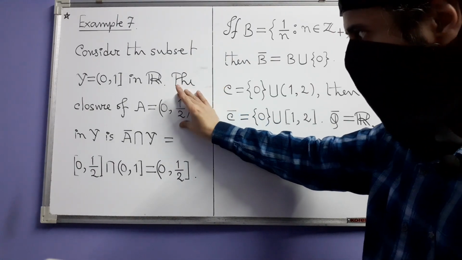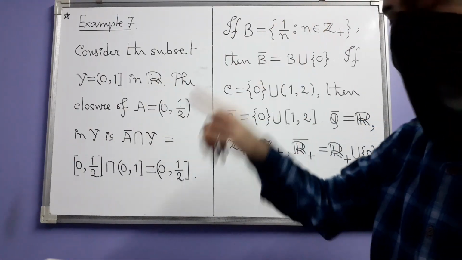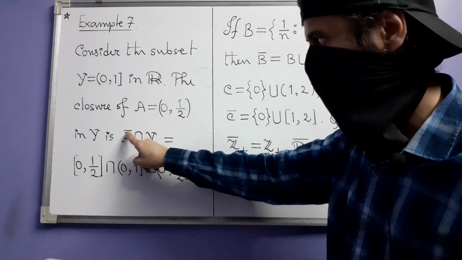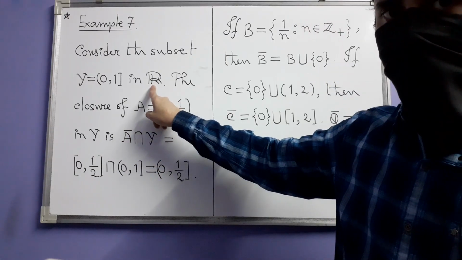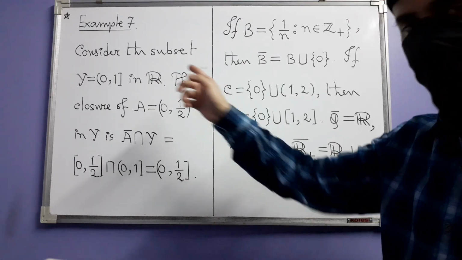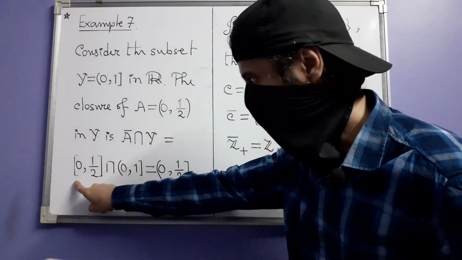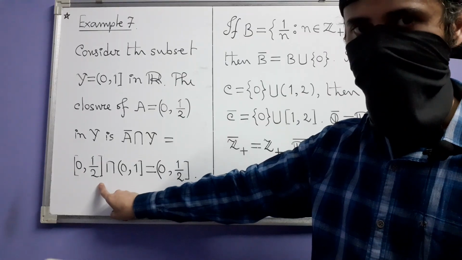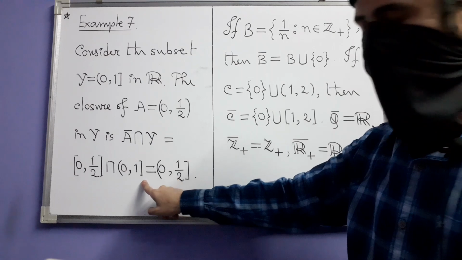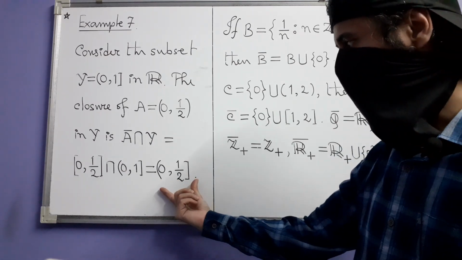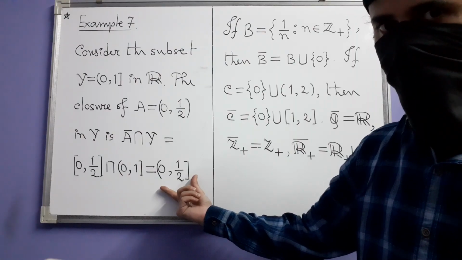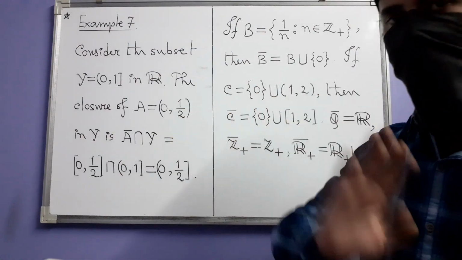Then the closure of this subset in Y, by that theorem, is A closure intersection Y, where this is the closure of A in R, which if you go through a similar argument, will be equal to this closed interval [0, 1/2]. So you take its intersection with this open-closed interval, you get this other open-closed interval. So this is the closure of A as a subset of Y.